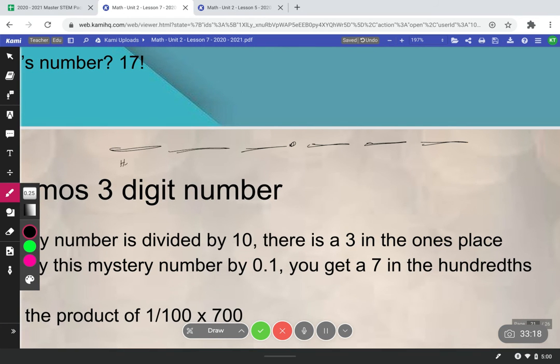We have hundreds, tens, ones, tenths, hundredths, thousandths. Okay, and it just needs to be a 3-digit number.